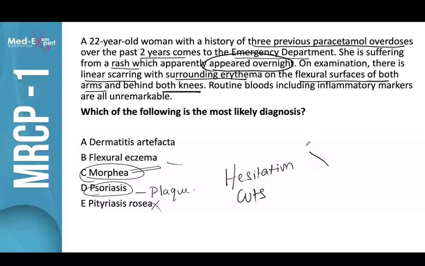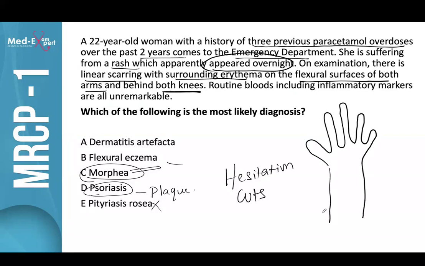This gentleman or lady will get upset. As a result, they will go to their house, take a blade and mark cuts on the hand like this. This is called a hesitation cut.